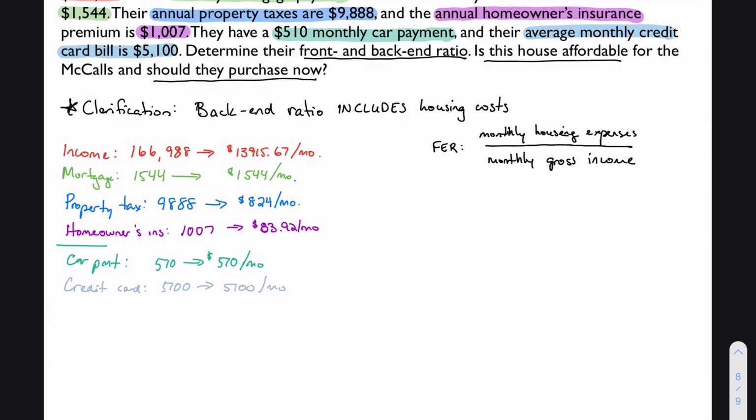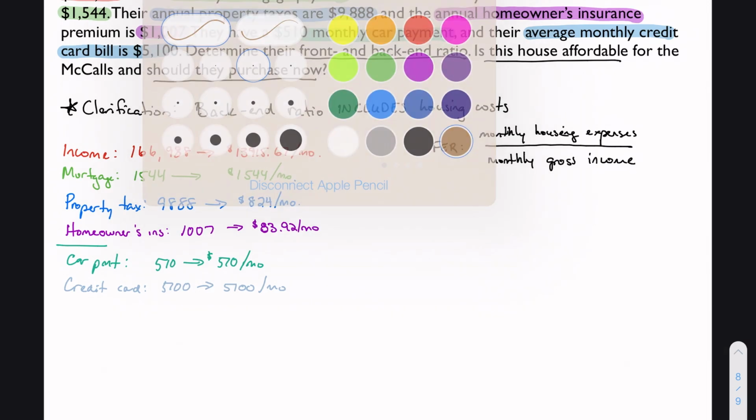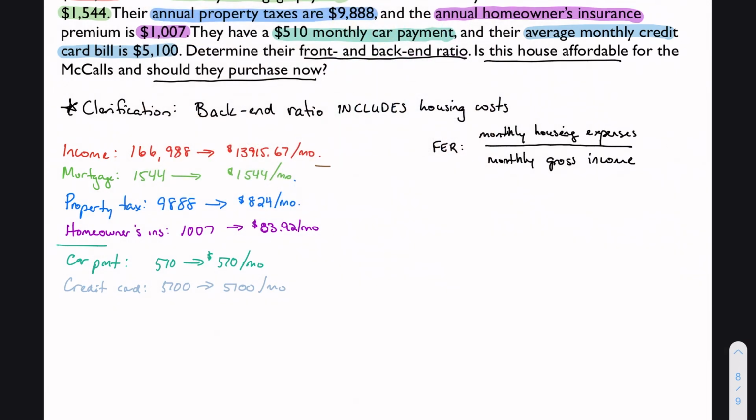These don't have anything to do with the house, so we'll leave those alone for now. So you can see this clear split between housing related and non-housing related. Okay, so we'll start with my front end ratio.